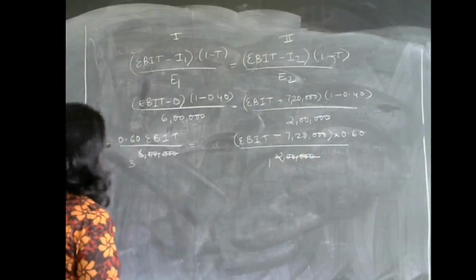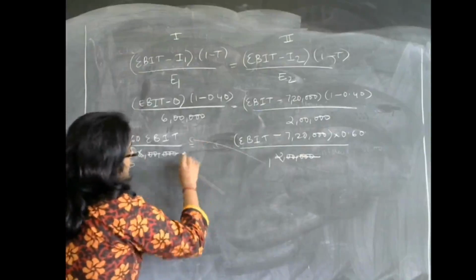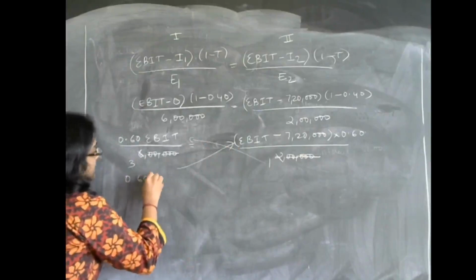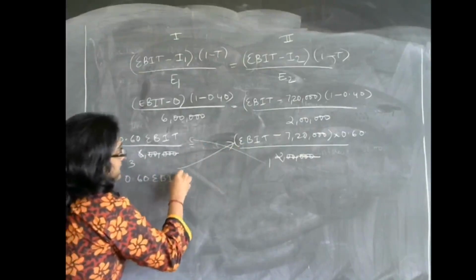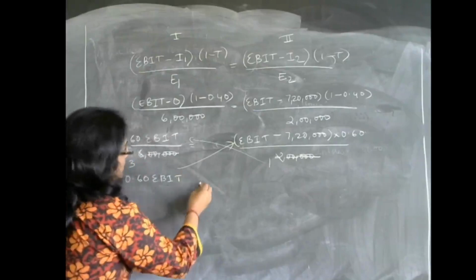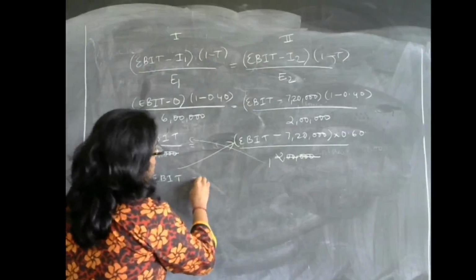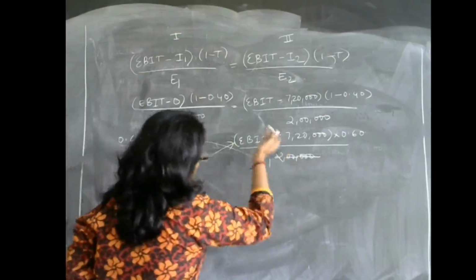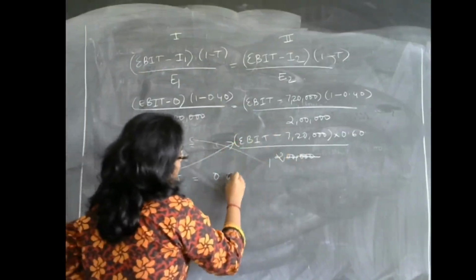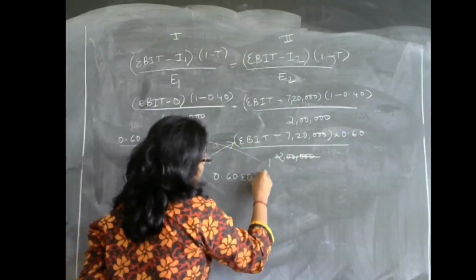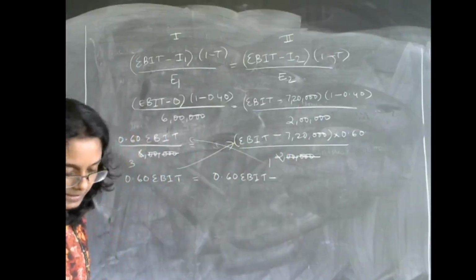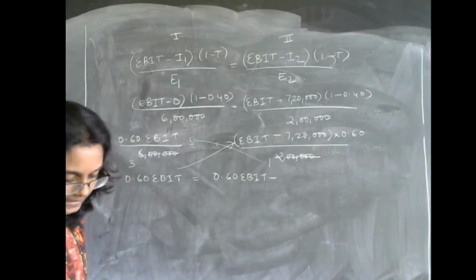We got that. We can cross multiply the denominator. So it is going to be 0.60 EBIT, okay, is equal to, first let us open this equation. 0.60 EBIT minus 7,20,000 multiplied by 0.60. How much is it coming to?